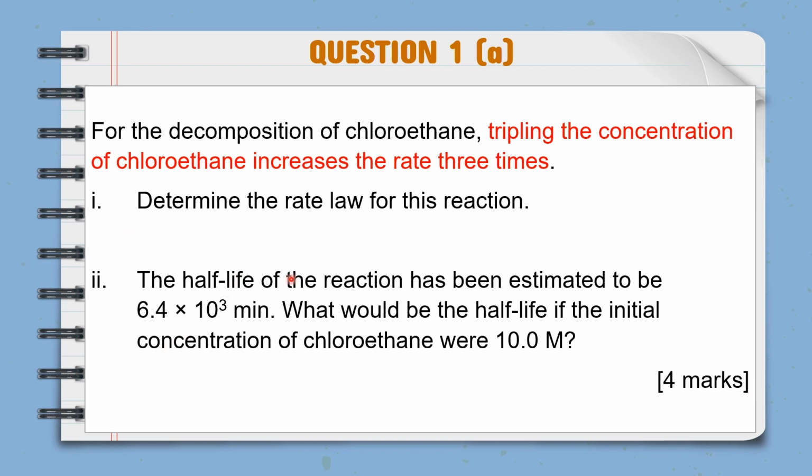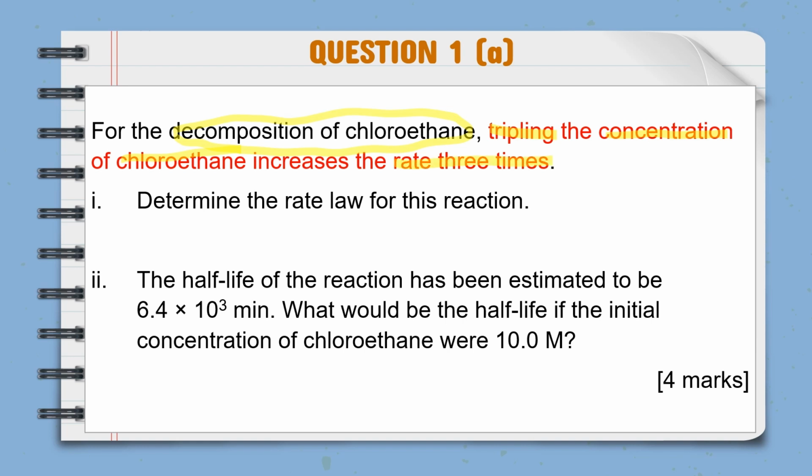First things first, when you read the question, you need to analyze it. This question is all about the decomposition of chloroethane. It says that when the concentration of the chloroethane is increased by 3, the rate is also increased by 3.